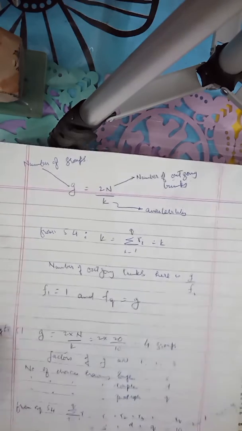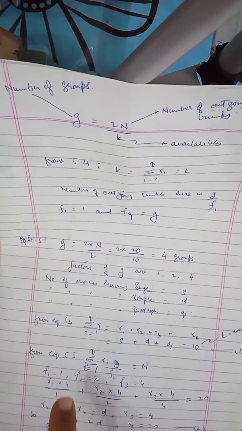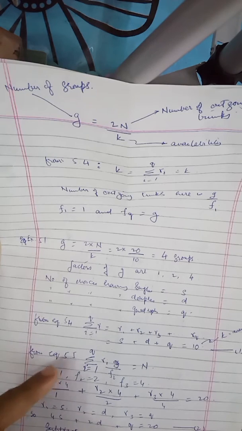Right. Now from equation 5.5, the equation is the summation from i equal to 1 to Q of Ri G over Fi, which is equal to N. F1 is 1, F2 is 2, F3 is 4. We put these values in this equation.